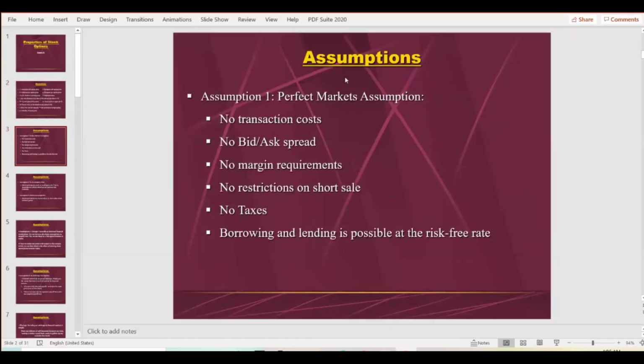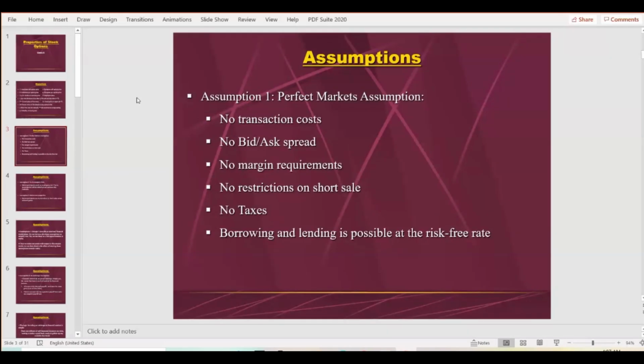Now, in order to assess the properties of stock options, we have certain assumptions. I'm gonna go over the most important of those assumptions. The first assumption is the perfect market condition.